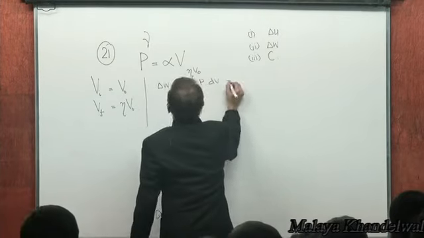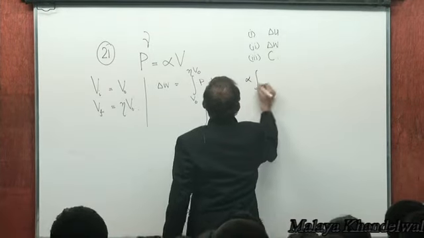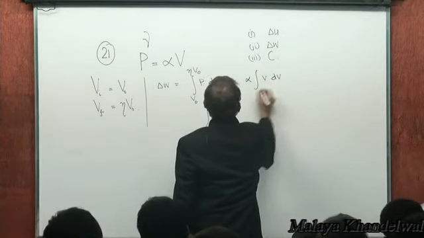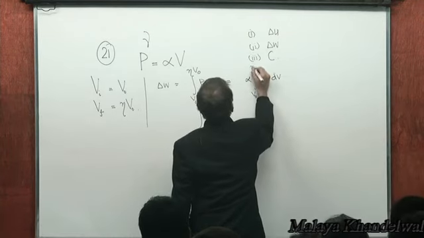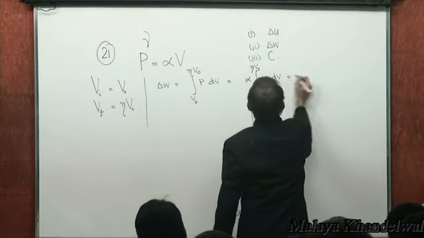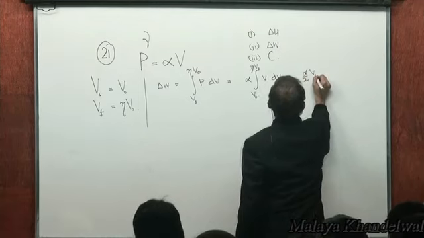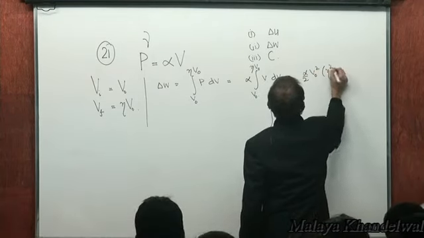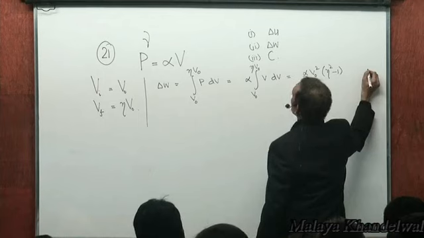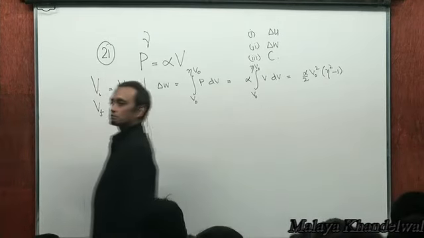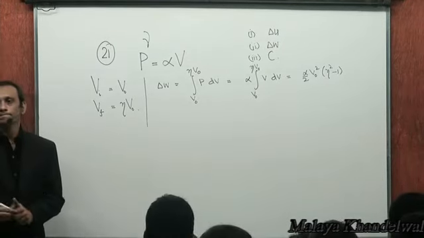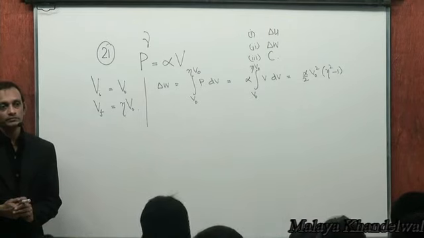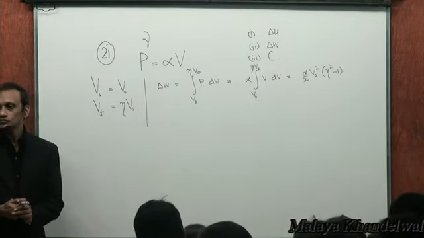This P then could be written as alpha V. So alpha V dV, V running from V naught to eta times V naught, which is alpha by 2 V naught squared into eta squared minus 1. That's the work done. Yes or no?